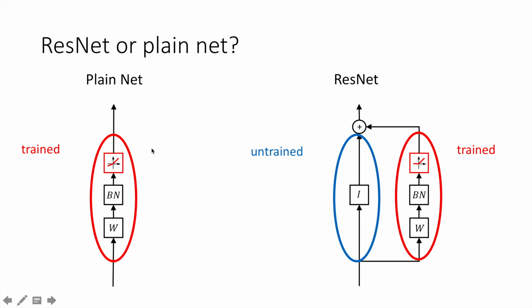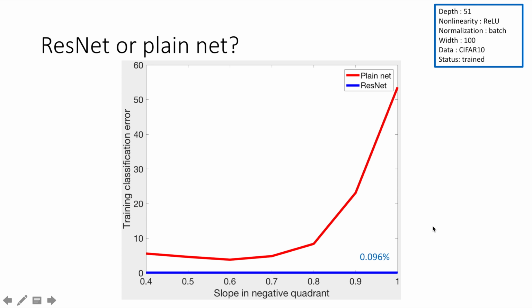Therefore, it linearizes both the untrained initial function and the trained residual function equally. Correspondingly, we see a large performance difference between ResNet batch ReLU networks and plain batch ReLU networks with altered ReLU operation when training on CIFAR10. As the slope in the negative quadrant of ReLU varies, we obtain an error minimum. However, the error achieved by ResNet is more than an order of magnitude smaller.